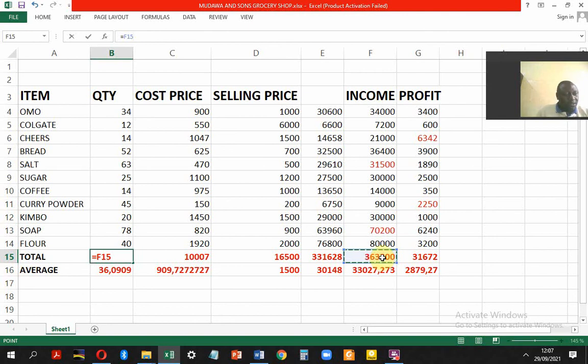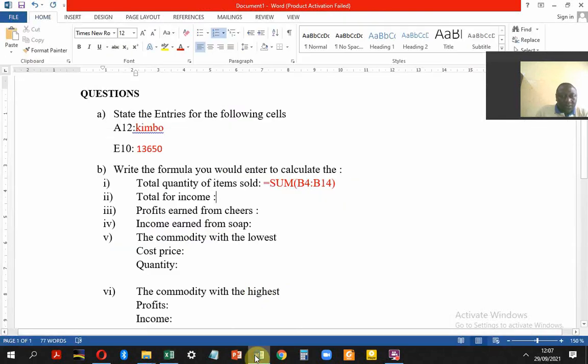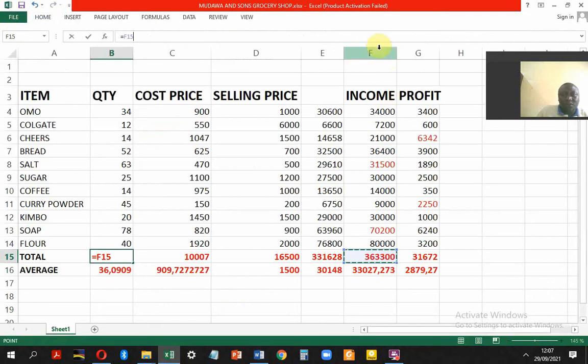Is our formula correct? Go back to the question, total for income. If you realize the formula is wrong, first of all, you know that total for income, it is F. So here it should be having F.